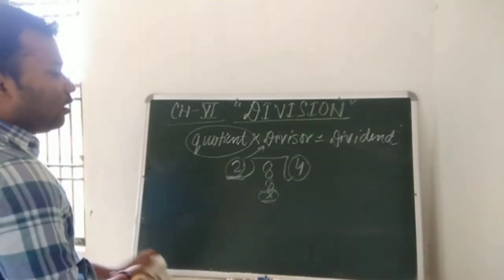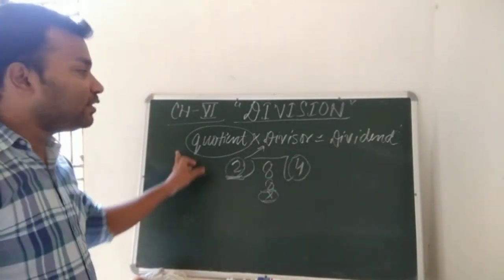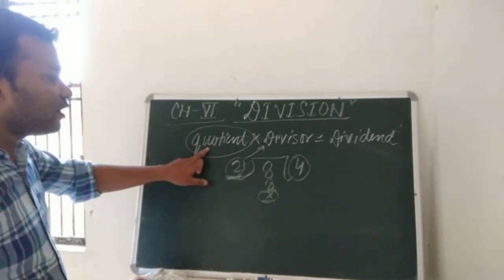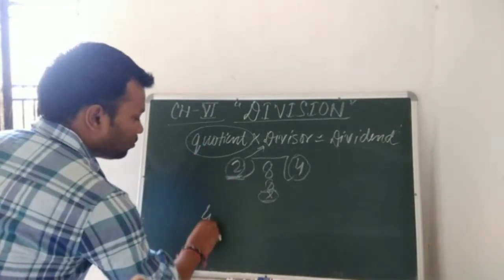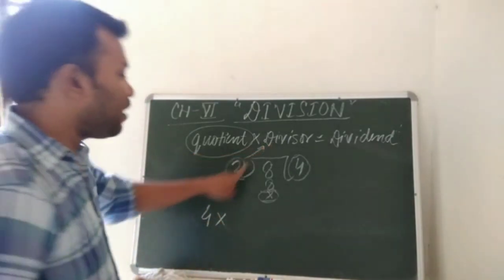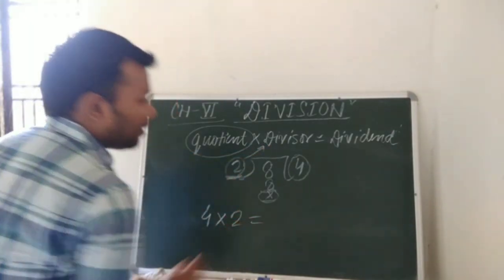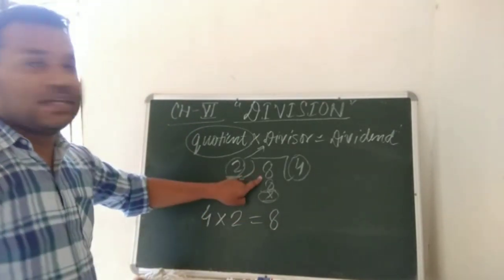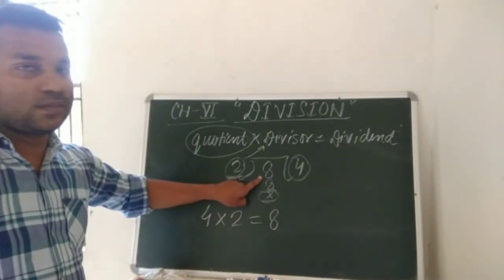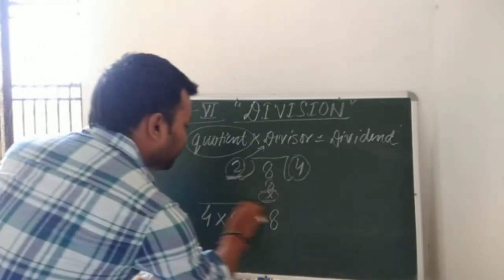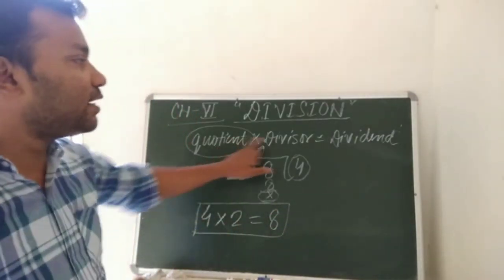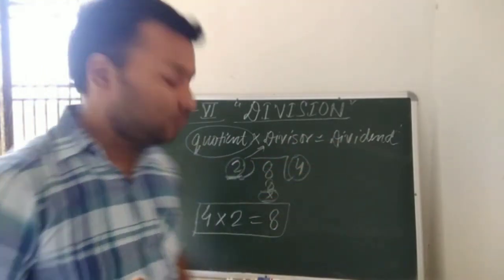Now just verify this relation with the help of this example. Put the value of the quotient. What is the quotient we have? 4, into the divisor we have, 2, and 4 twos are 8. Actually 8 is our dividend. So this is the verification of the relation between these three quantities called quotient, divisor and dividend.